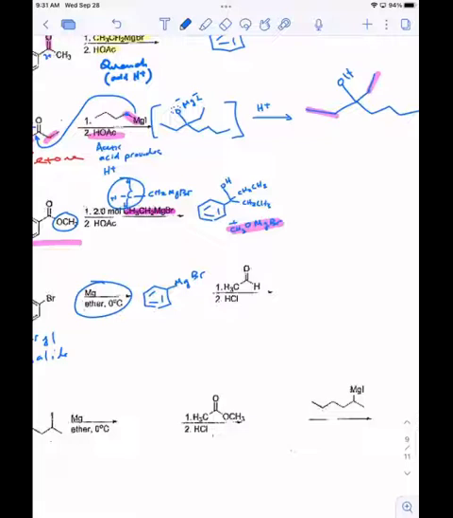If you're reacting a Grignard with an aldehyde or a ketone, what do we get from that? And then quench it at the end. What do we get from that? Oh, I think I'm looking at the wrong thing. An alcohol. Yeah.